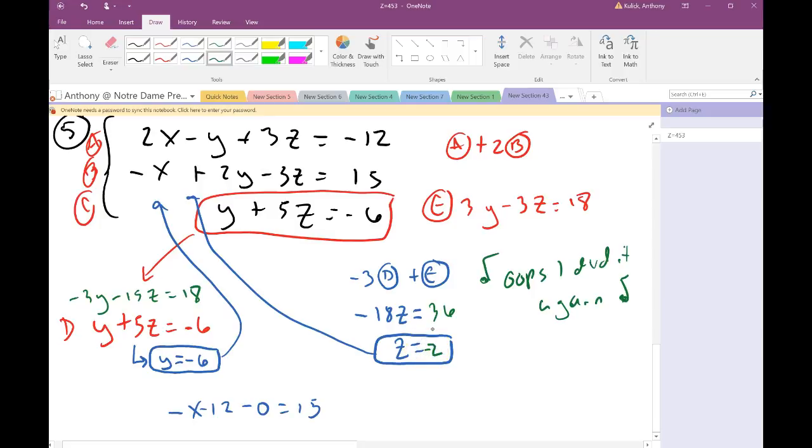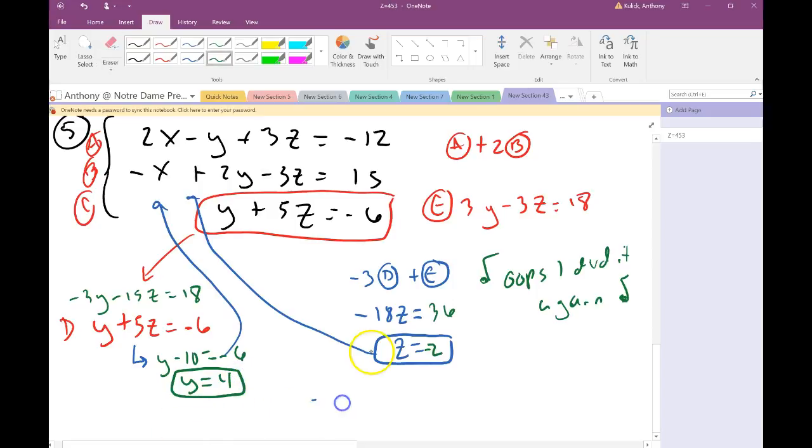Jeepers creepers. So that's going to be y minus 10 equals negative 6. So y is going to be 4.